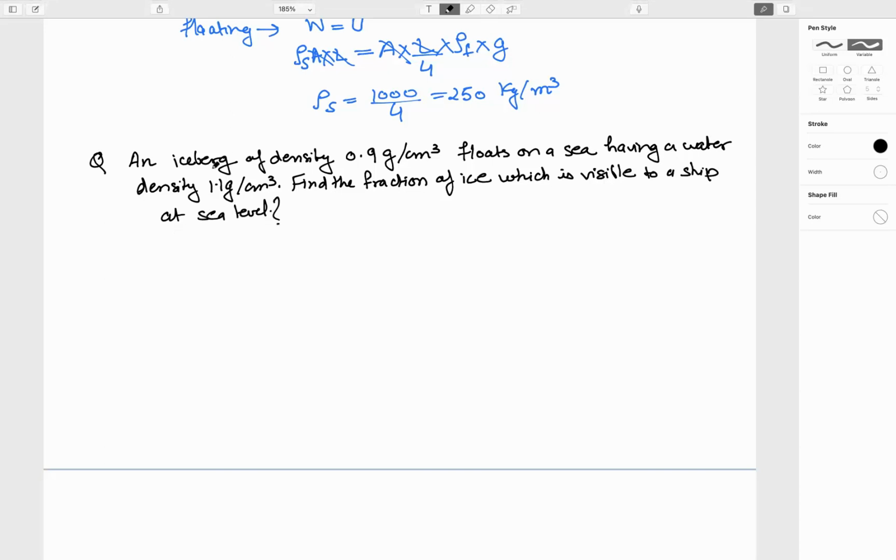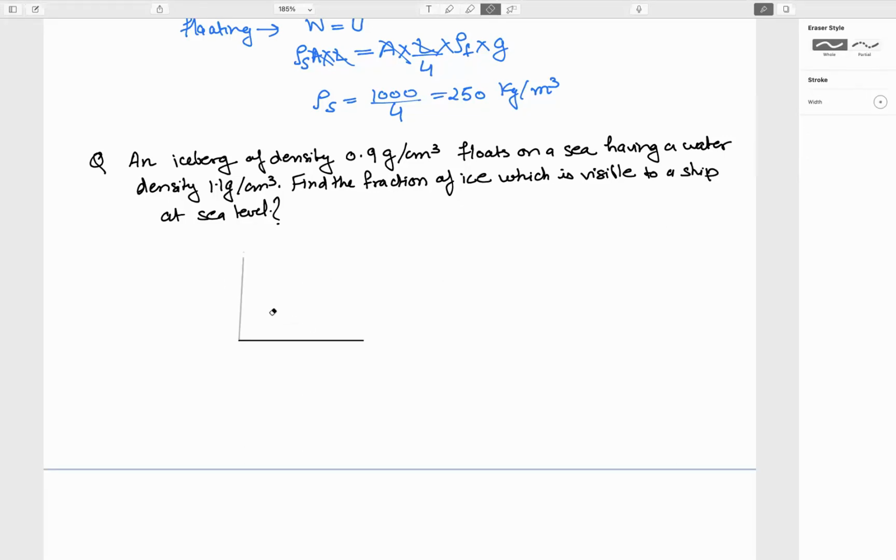So the question says that there is an iceberg floating over water in an ocean, and there is a ship looking at that iceberg. What fraction of the iceberg is actually visible to the ship? That's the question.